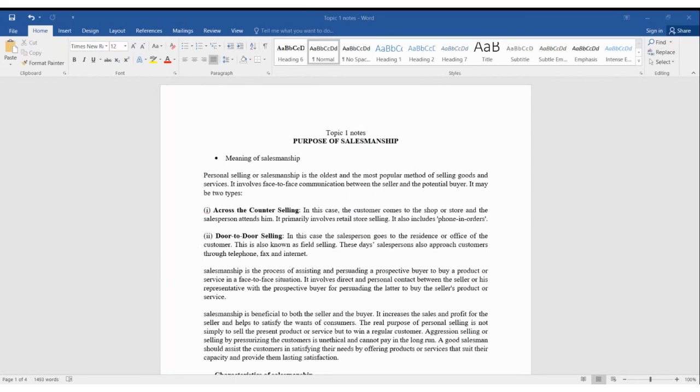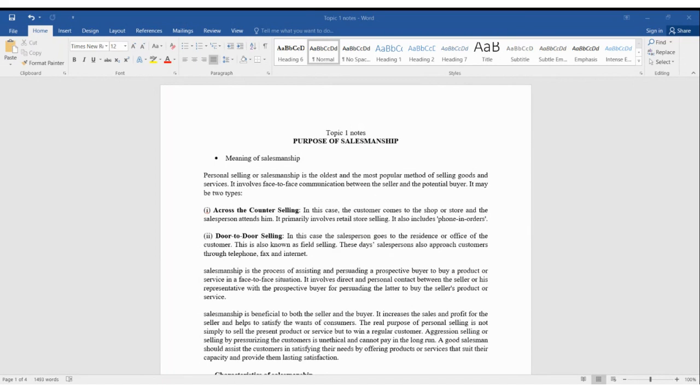Meaning of salesmanship. Salesmanship at times is also referred to as personal selling, an activity that involves salesmen interacting with prospects or clients.